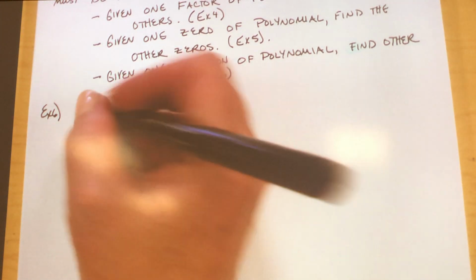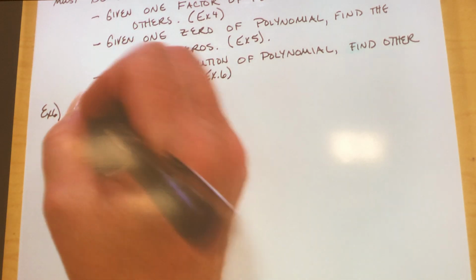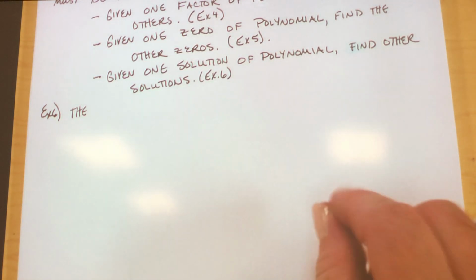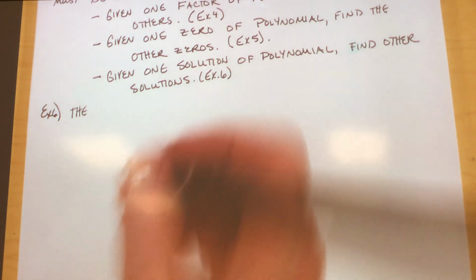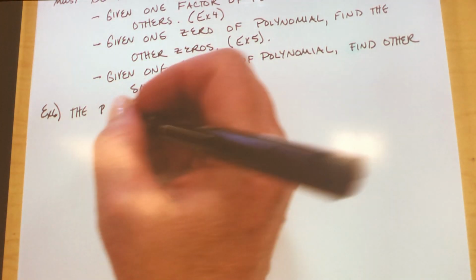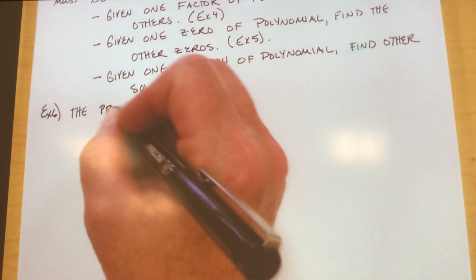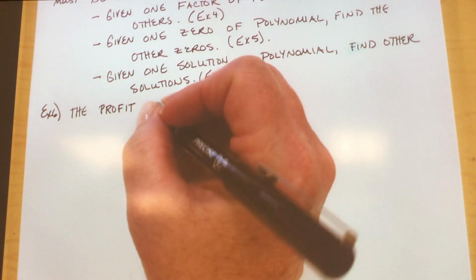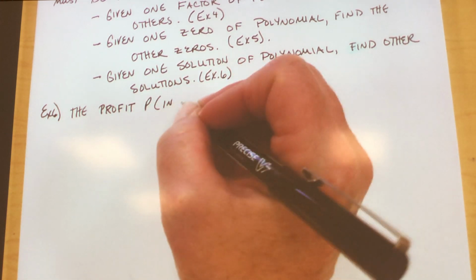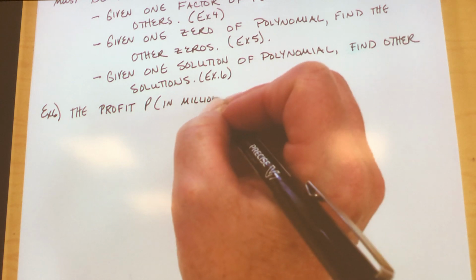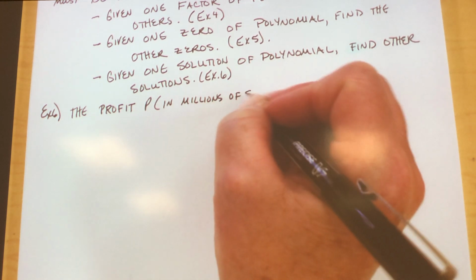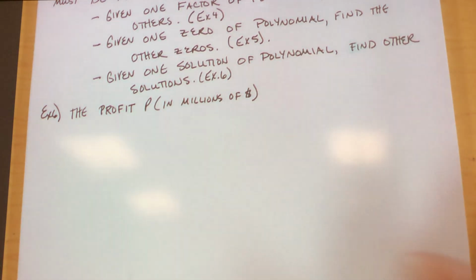The profit P, and that's profit like money, not profit like someone who prophesies. That's what the other kids wrote down, I was like, what? The profit P in millions of dollars, so big company, right?